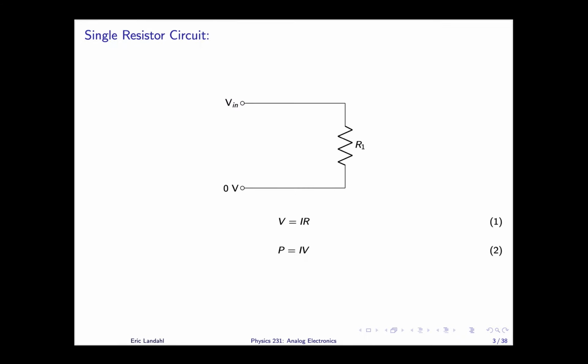So in a single resistor circuit, we start with a power supply. To make things simple, we'll say we have a DC supply with one end held at 0 volts and the other at some potential difference above. This might be 9 volts from a battery or 5 volts from another power supply, but these are both DC voltages separated by some potential difference.